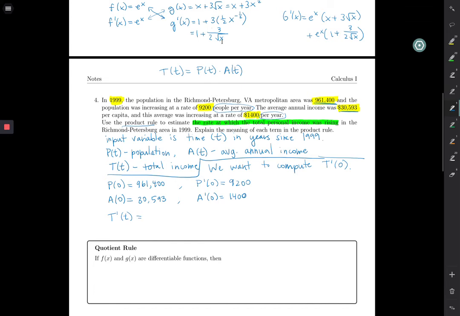And let's just write down, so we're not looking at all values of t, we're looking in particular at t equals 0, which is in the year 1999, right? So T prime of 0 is going to be P prime of 0 times A of 0. And then the second one will be P of 0 times A prime of 0.